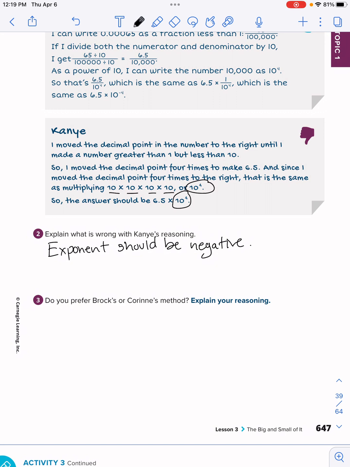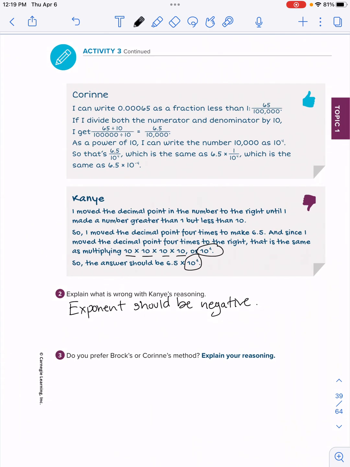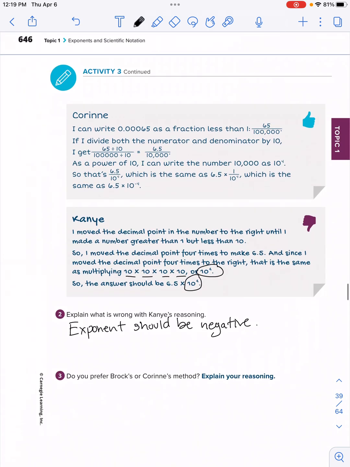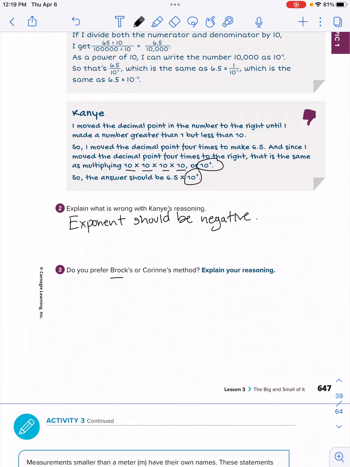And do you prefer Brock's or Karine's method? I mean, this is up to you. But I'm gonna say I like Brock's method here. I'm just gonna put Brock's method. You can count the number of times I need to divide.